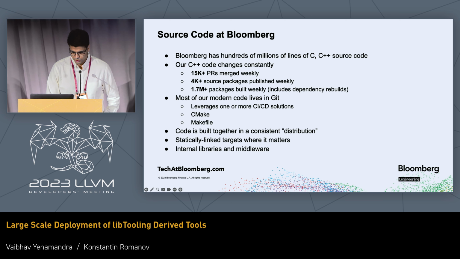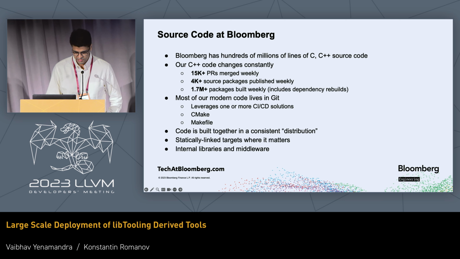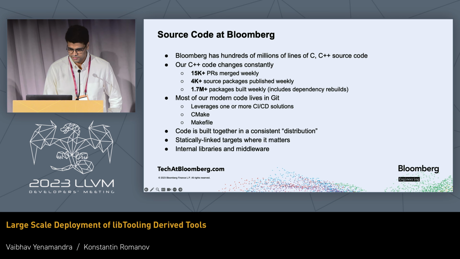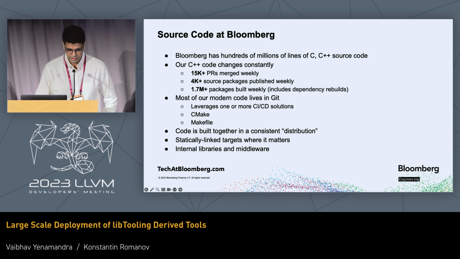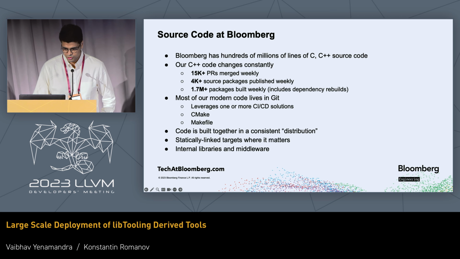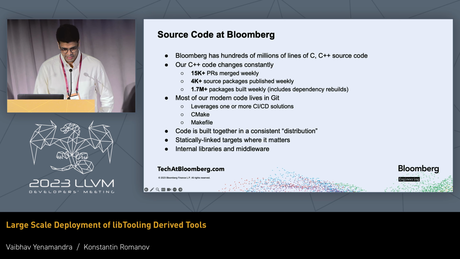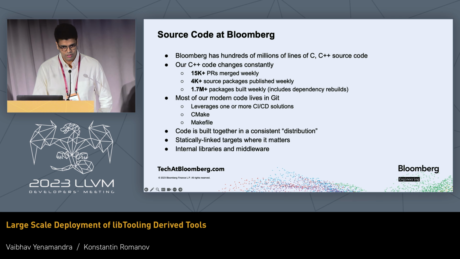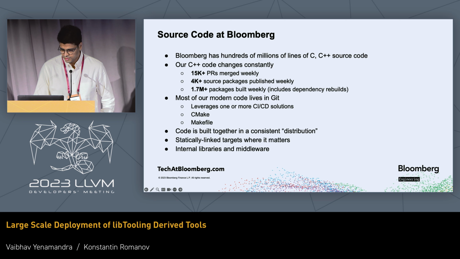Bloomberg has a lot of code to be analyzed, in the hundreds of millions of lines, and the code itself has a complex dependency graph. It's also in a continuous state of change with almost 2 million weekly package builds. And this amounts to many years of CPU time being spent building packages. The build systems that we use are almost all CMake, with occasionally custom makefiles here and there.